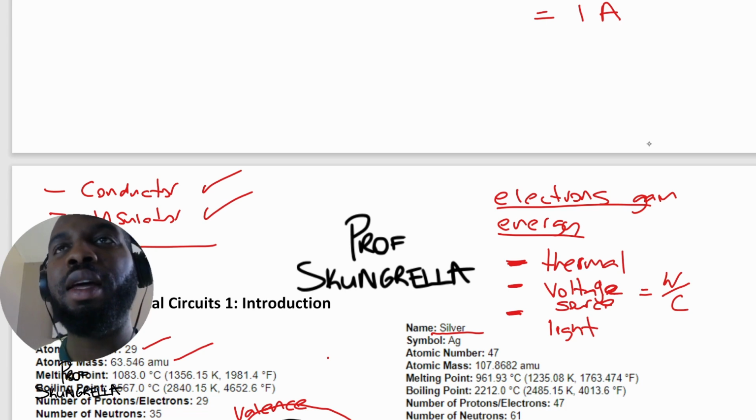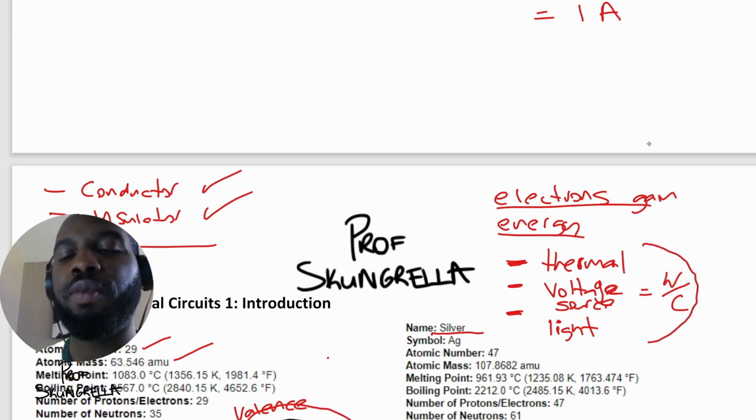Electrons can gain energy from thermal energy. Then if we have a voltage source or voltage potential, that can cause the electrons to move as well. And of course, we said light can also cause electrons to move as well. Right, and of course these 3 ways go into how we generate the electrical energy that we use as well.